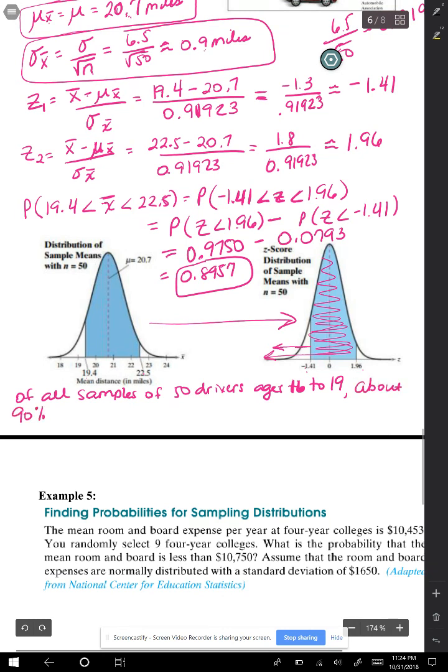About 90% will drive an average distance, or a mean distance, each day between those two numbers that they gave us, so between 19.4 miles and 22.5 miles.